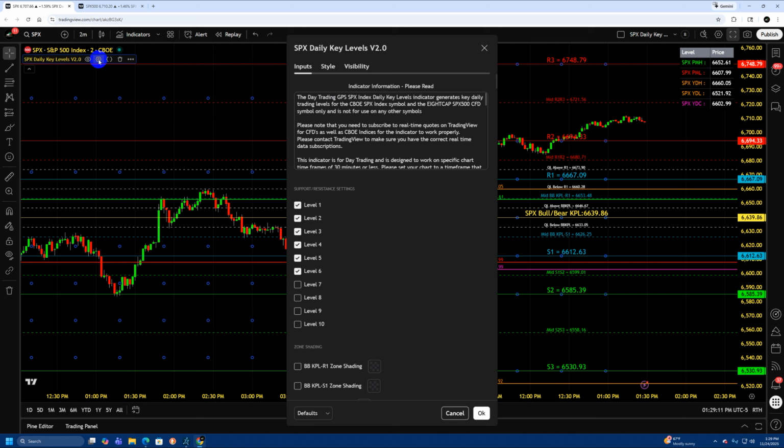However, in the user control panel, if you prefer not to have those levels turned on, then you can simply uncheck the levels that you prefer, and then you can save that as the default look on your particular indicator for your use of the indicator.